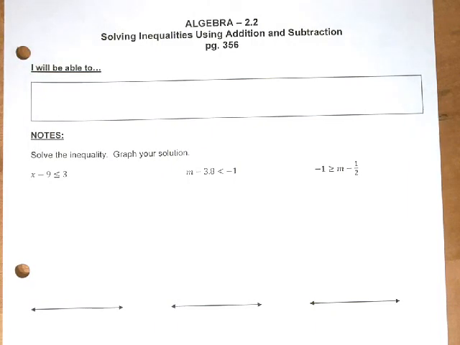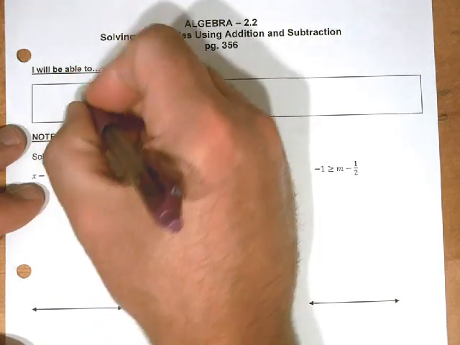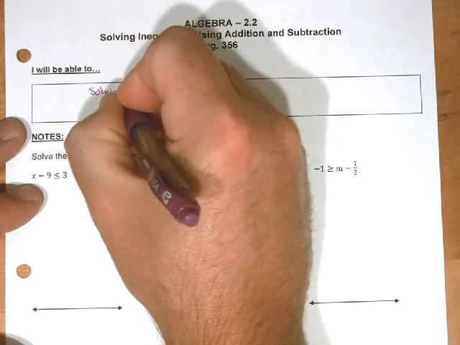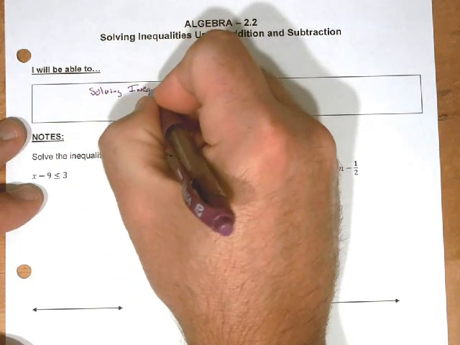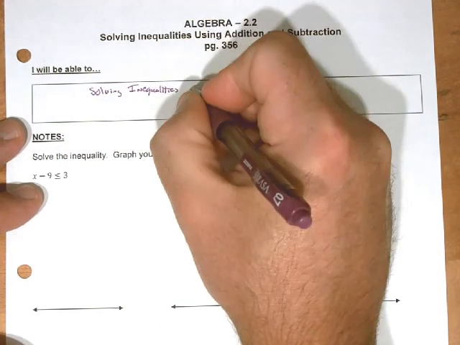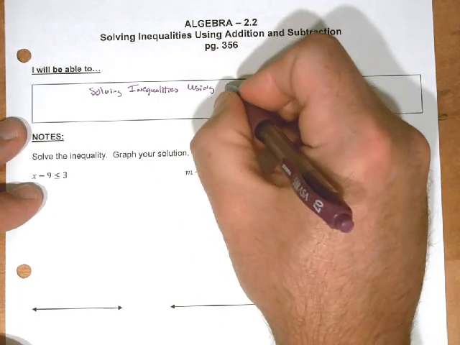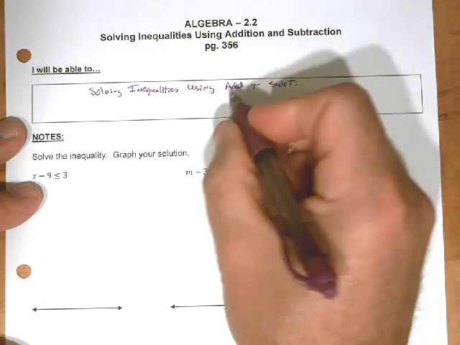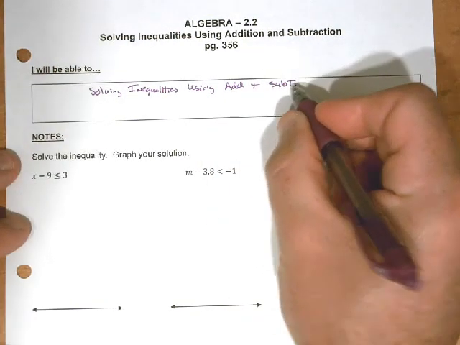Mr. Miller here again for your 2-2 notes, solving inequalities using addition and subtraction, which at the tail end of our 2.1 notes we did a little bit of as well. Here are two things we're looking for. The first one is solving inequalities using addition and subtraction, and I like to abbreviate, so add and subtraction, SUBT.